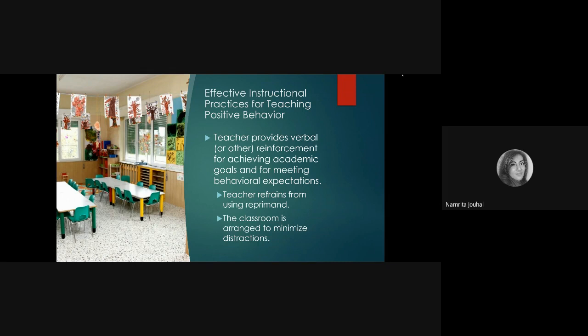Try to include the student as much as possible by encouraging positive behavior. And there should be minimum distraction. If there is a child who gets distracted easily, do you have, as a school, co-teachers or teaching assistants available for them? All this needs to be taken into account.